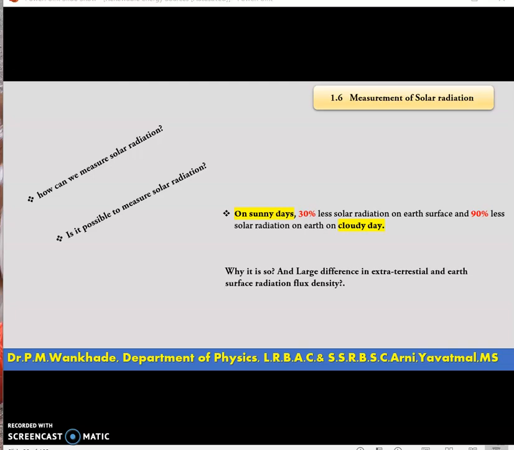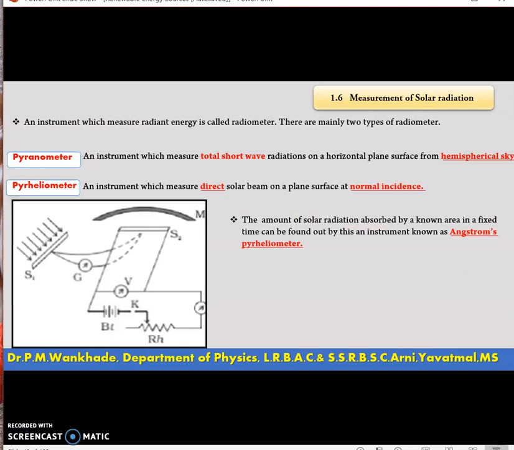The amount of solar radiation on the Earth's surface can be instrumentally measured, and precise measurement of solar data is important for providing background for solar energy conversion applications. Generally, an instrument which measures radiant energy is called a radiometer.